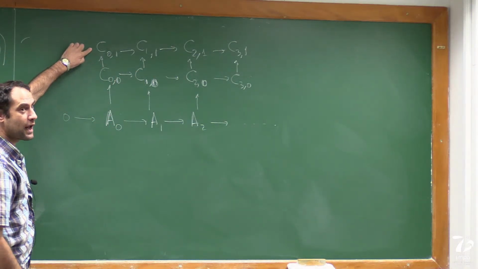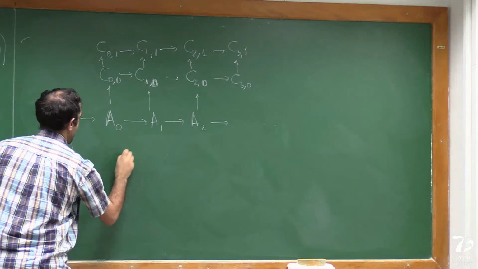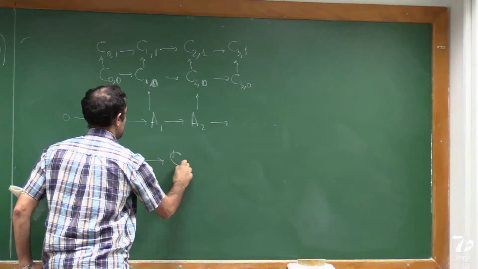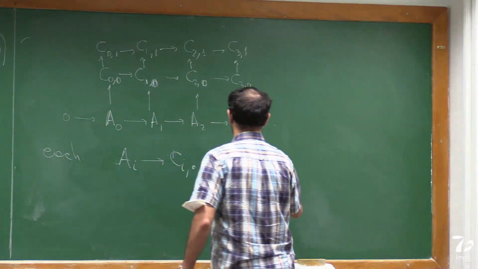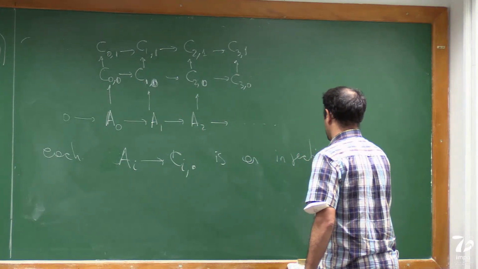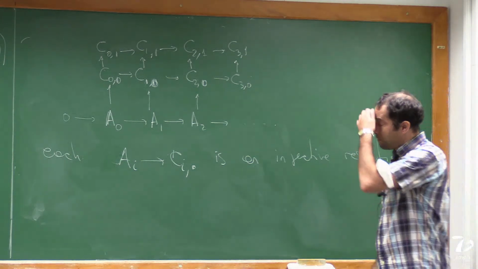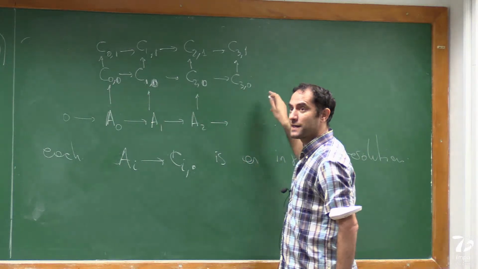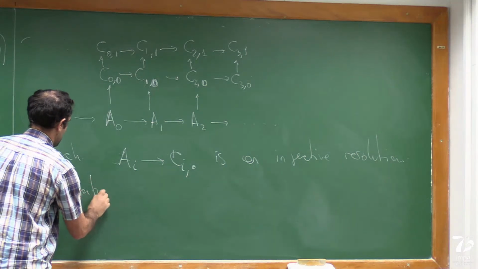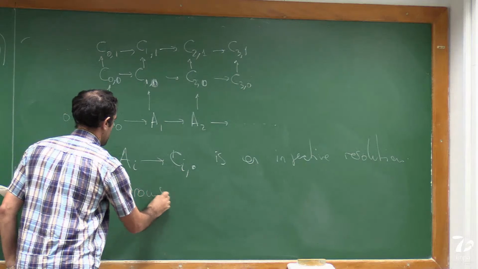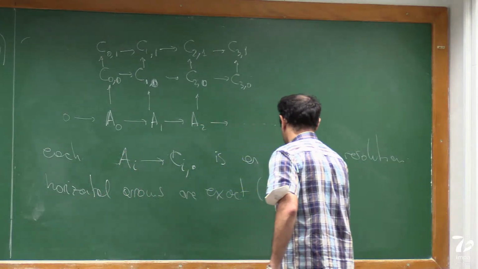So we proved that we could construct a complex like this with a bunch of conditions. So each one of these vertical arrows is an injective resolution. A^i to C^{i,•} is an injective resolution. Moreover, each one of these horizontal arrows here was exact, and it was split exact.